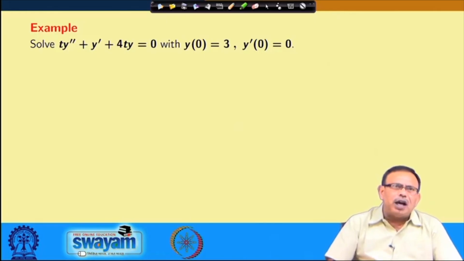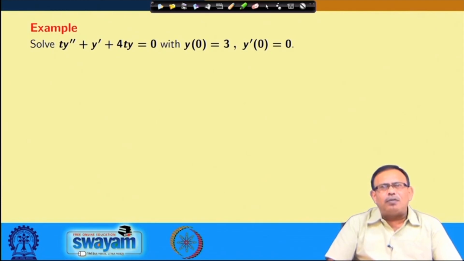Now, see this problem. Solve t y double dash plus y dash plus 4 t y equals 0 with y 0 equals 3 and y dash 0 equals 1. Please note that here the coefficients of y double dash, y dash or y are not constant. They are functions of t only.